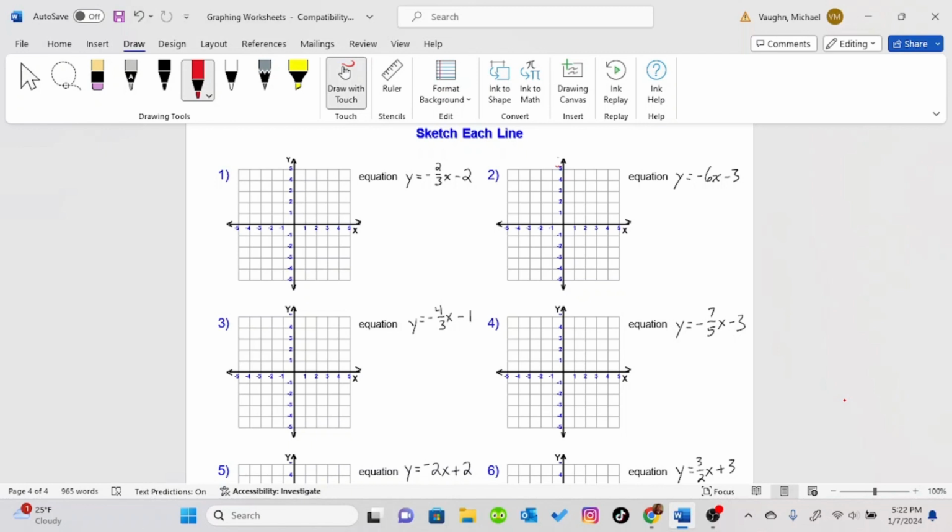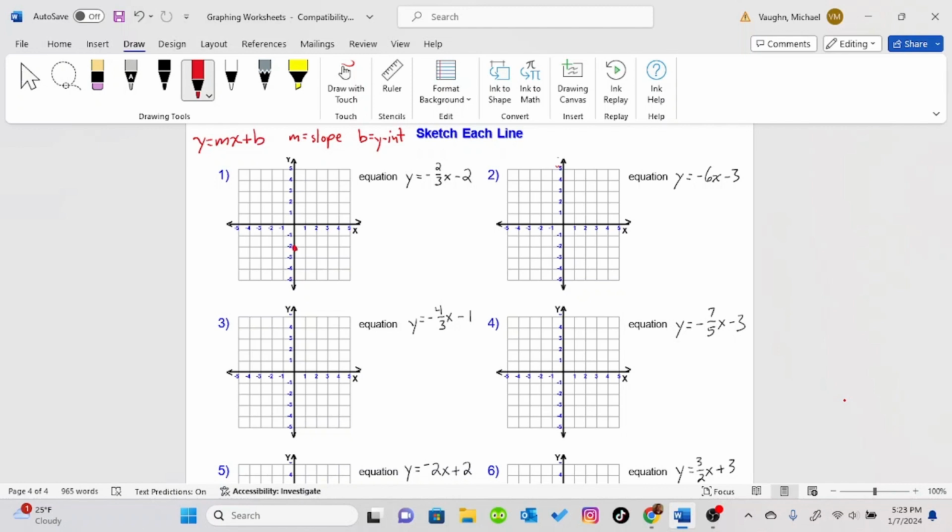So if you remember, y equals mx plus b. M is your slope. B is the y-intercept. So y-intercept is at negative 2.